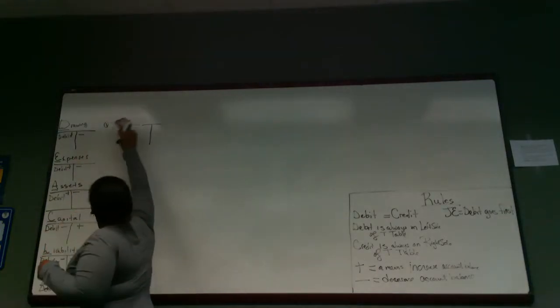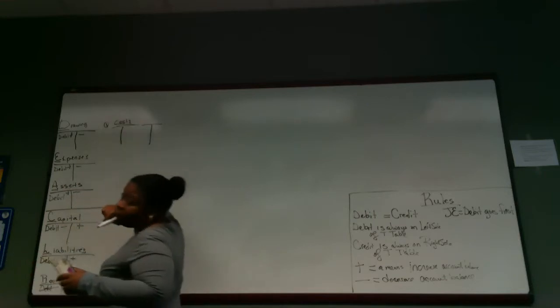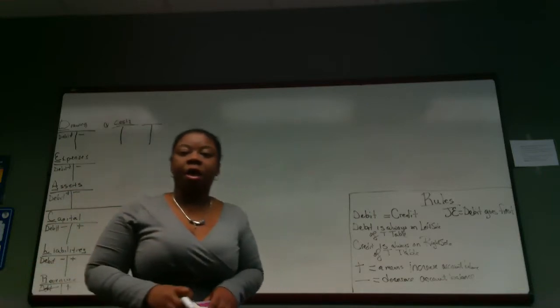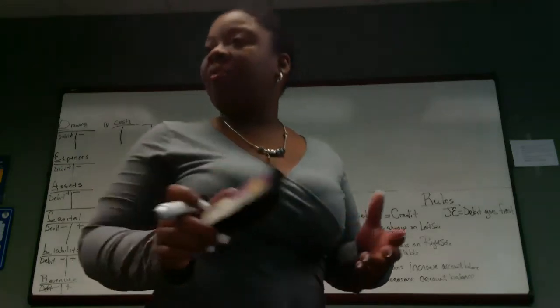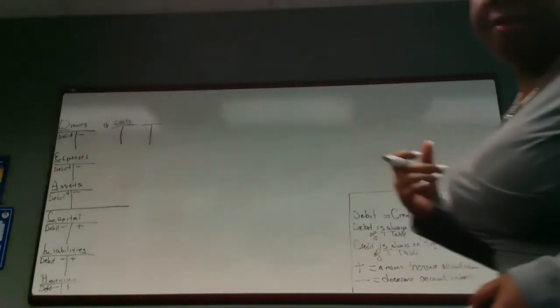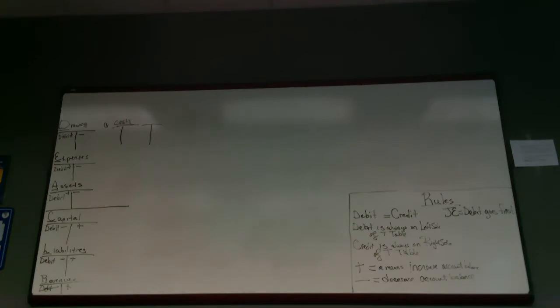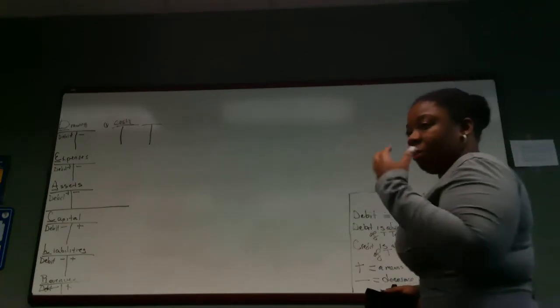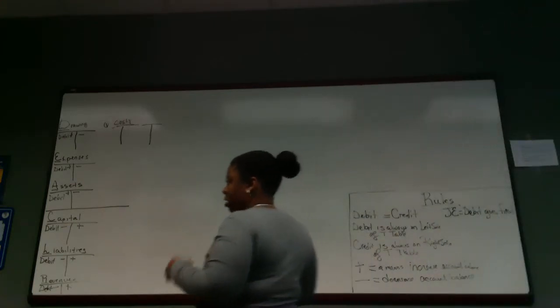In this particular situation, he invested cash. So, if he invested cash into the business, we must recognize that we also have an account that shows investment. That account is capital.